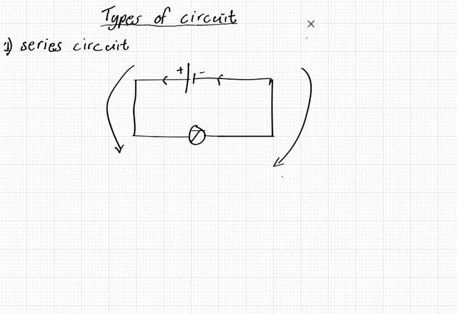But because the scientists in the past thought it was the protons or positive charges flowing, it was later found out that no, it's actually the electrons. But because of convenience, we are still using conventional current flow, because everything else works well when we think of current as the flow of positive charges.